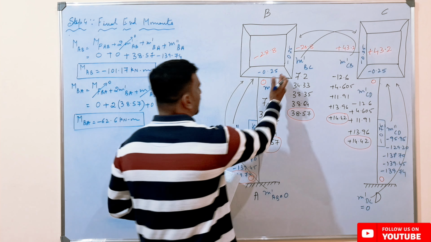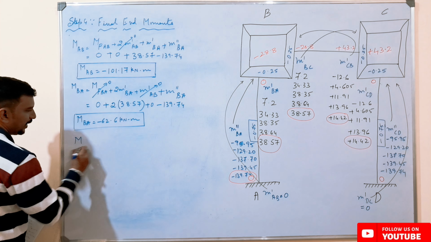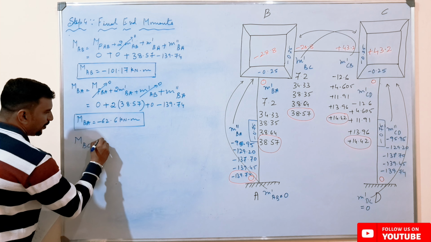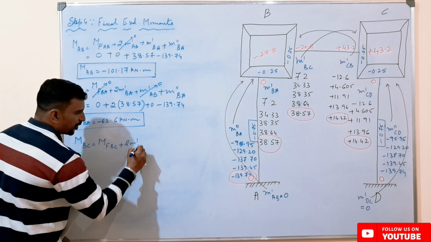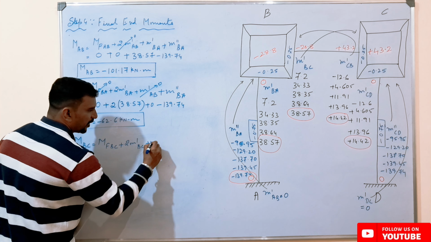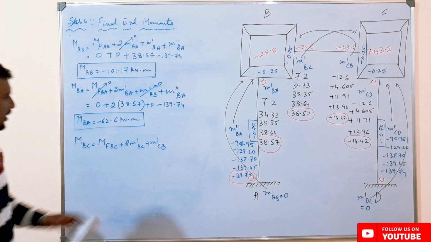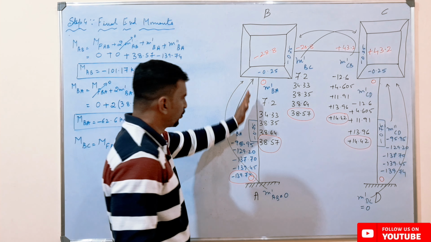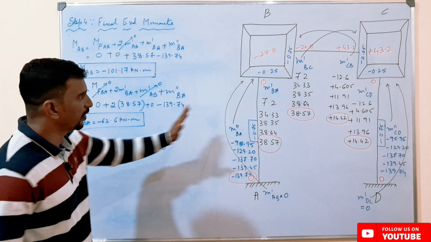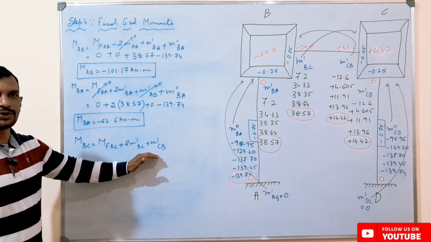Now if you want to calculate from B to C, the final end moment from B to C will be equal to fixed end moment from B to C plus 2 times the rotation contribution about the near end plus 1 time the rotation contribution about the far end. Here we have calculated the displacement contributions only for the vertical members and not for the horizontal members, so we need not apply the displacement contribution value.